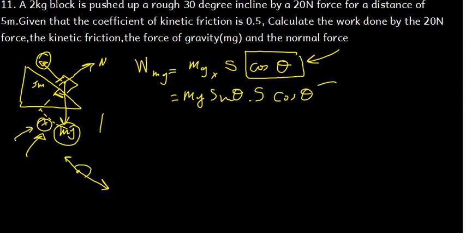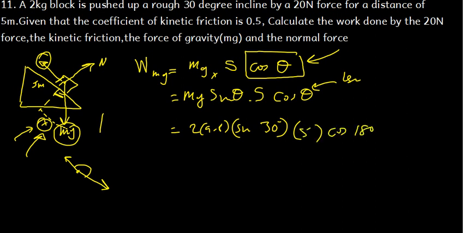So that will be equal to, the mass is 2, g is 9.8, and then sine of the angle of the incline, which is 30 degrees. And then the distance is still 5, and then cos 180. So 2 multiplied by 9.8 multiplied by sine 30 multiplied by 5 multiplied by cos 180.